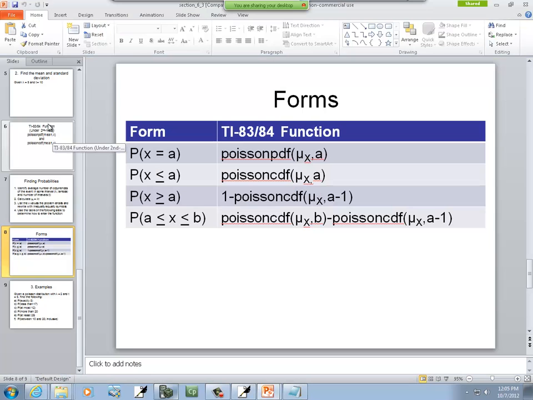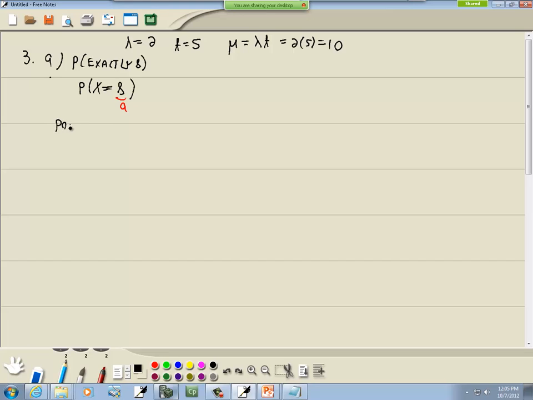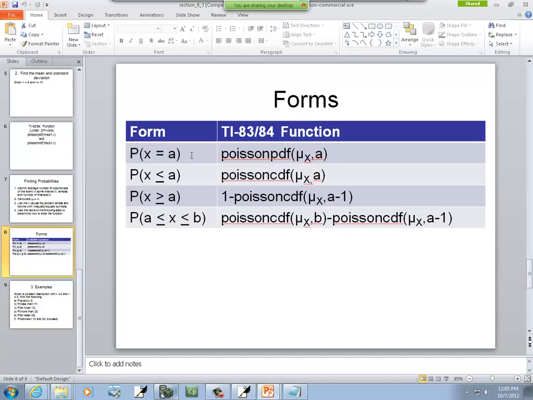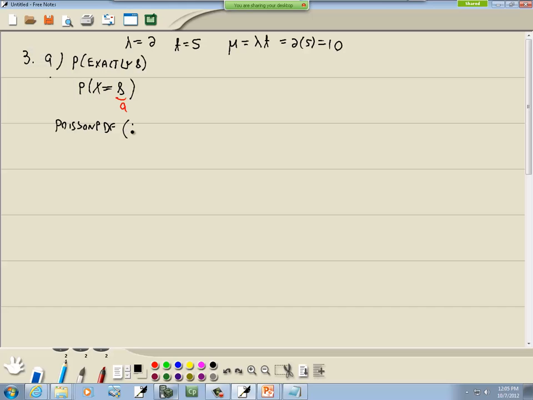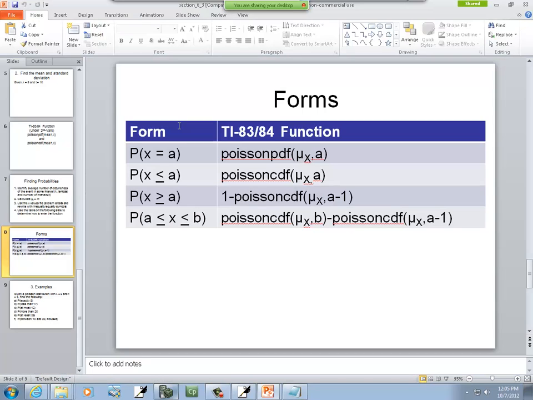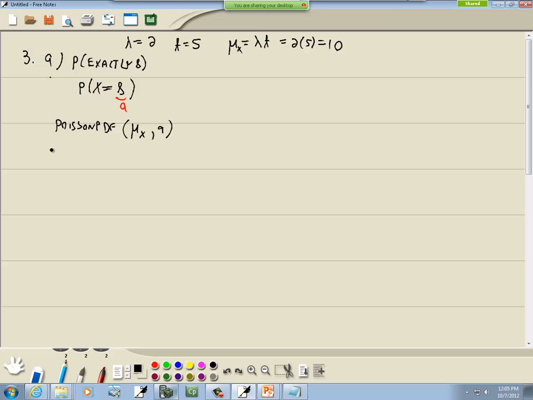Now our form says Poisson PDF, and we do our mean, mu sub x, and a. So this will be Poisson PDF. Mu sub x is 10, and a is 8.